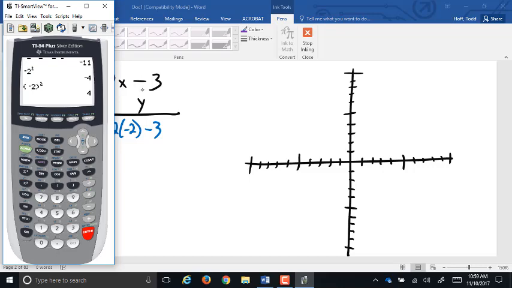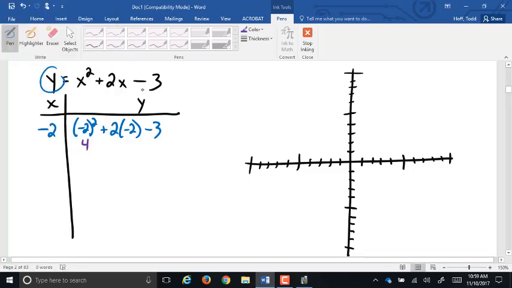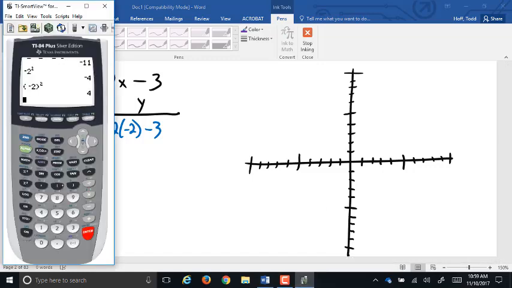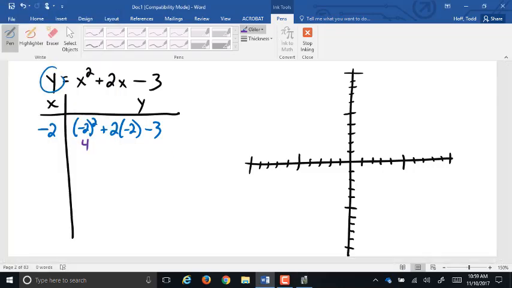So if we were punching this in, the safest bet when you're punching in something like this on your calculator is anywhere there's a negative to put in the parentheses, just like I wrote it there. So parentheses negative 2 squared plus 2 times parentheses negative 2 and minus 3. It gives you negative 3.